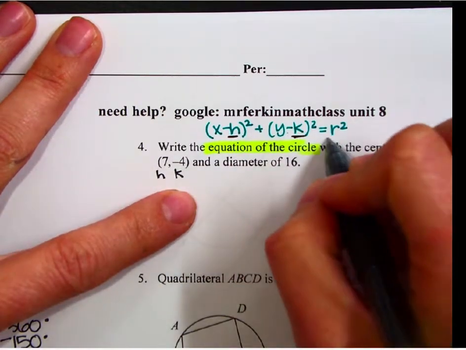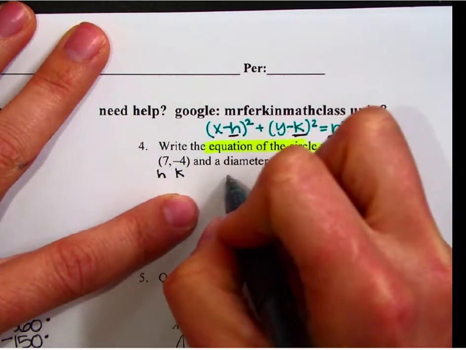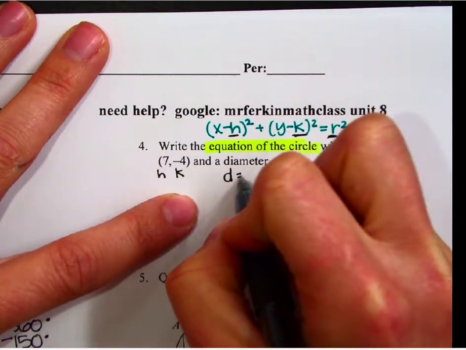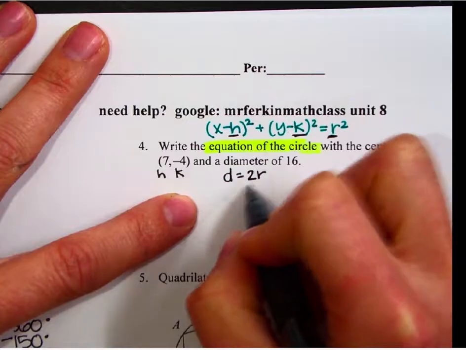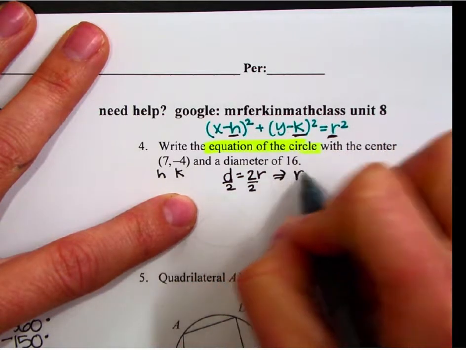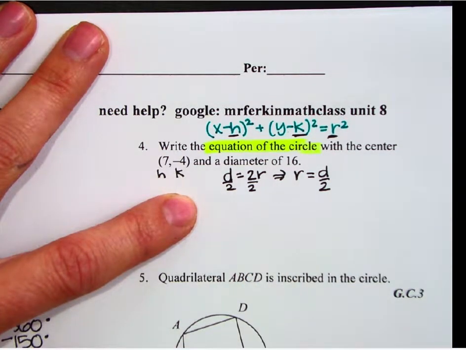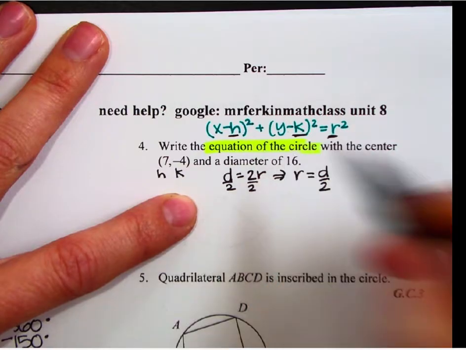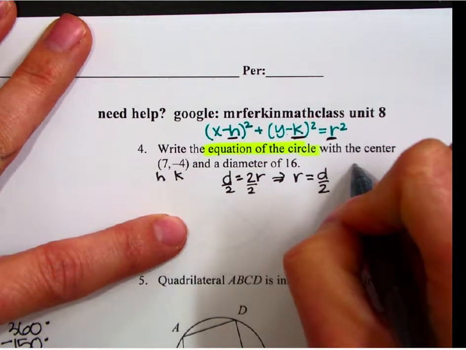Then r is the radius. If they're giving us the diameter, we need to remember that the diameter is equal to 2 times the radius. So if I want to know the radius, I divide the diameter by 2. If the diameter is equal to 16, then I need to use 16 divided by 2.